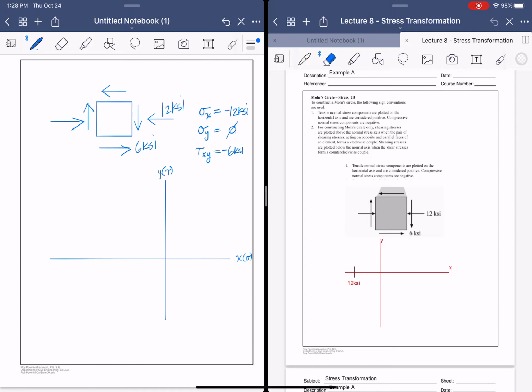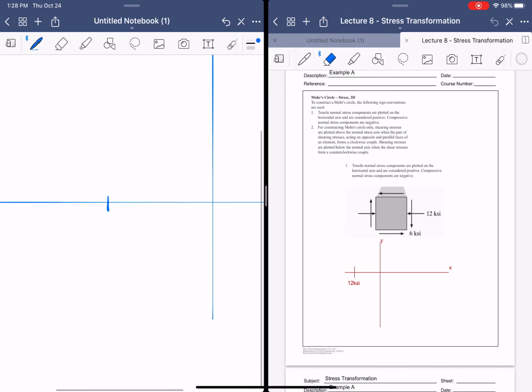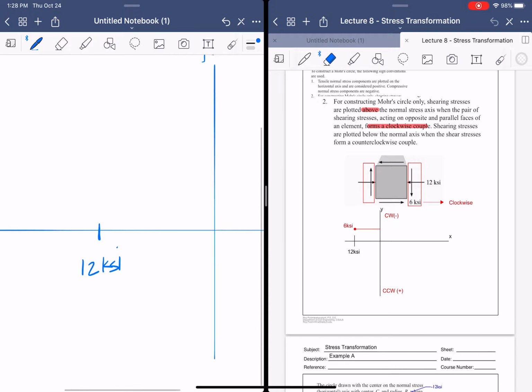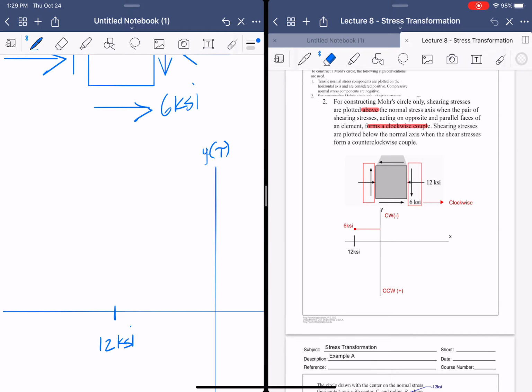So first what we'll do is we'll plot the 12 at a point right here. 12 KSI.